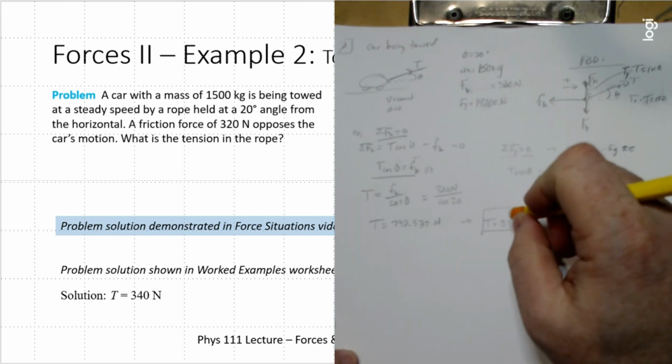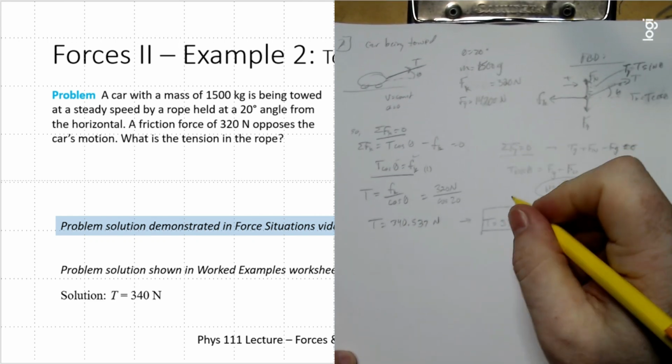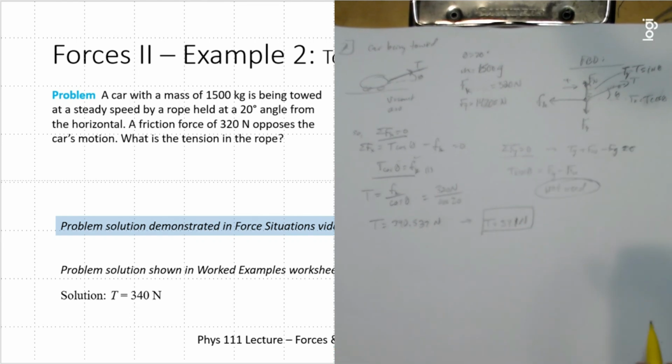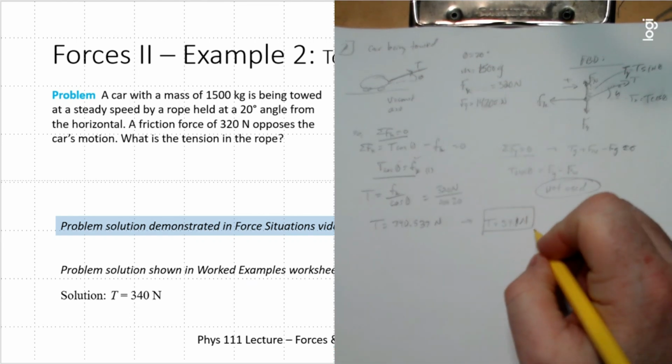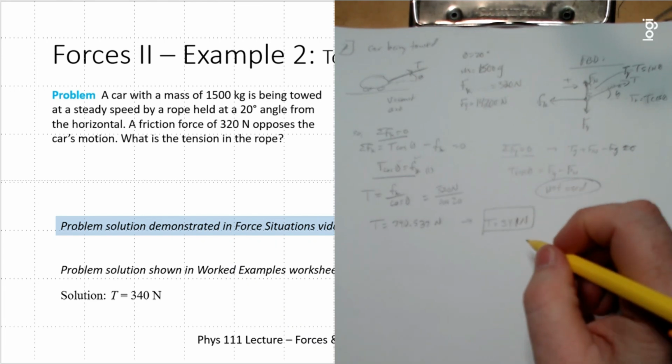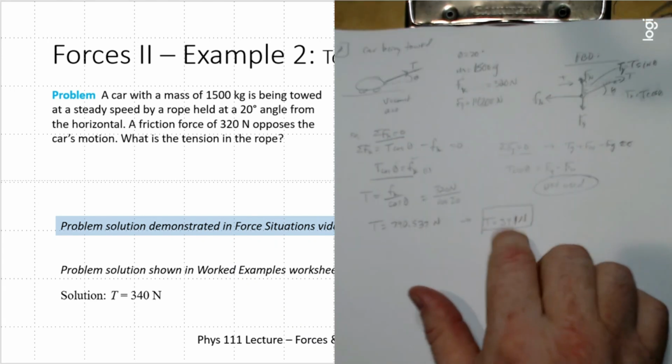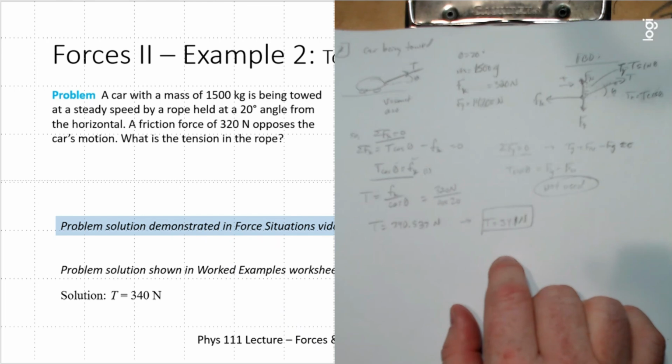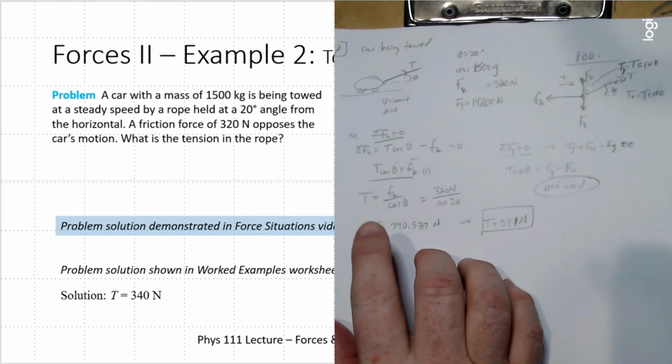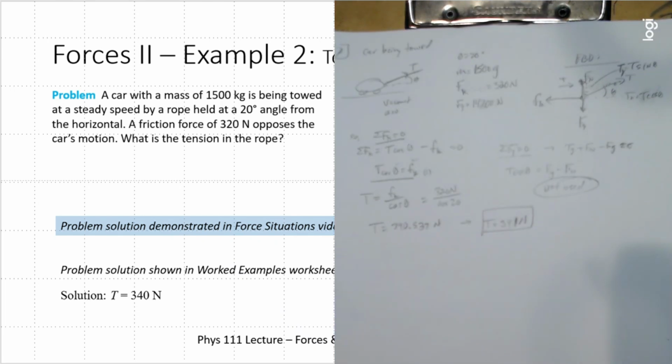That could be 341 newtons. I think if we can do 340 newtons, we should probably be able to get that extra 1 newton with our measuring device. So I'm going to write it as 341. The textbook will say 340. 341 newtons, and as you can see in the solution, that matches.